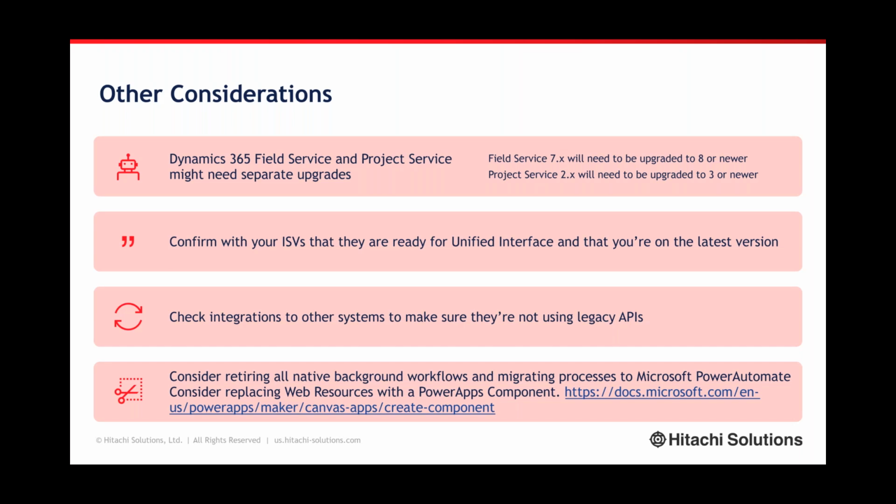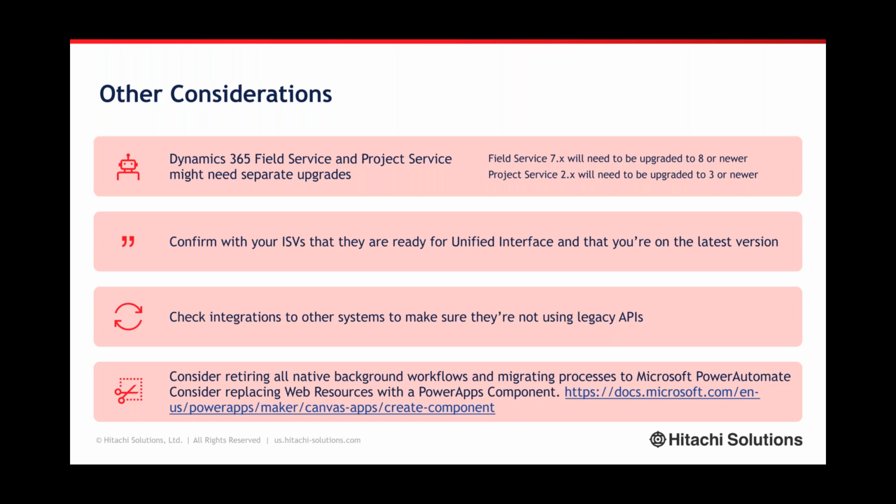But related to that, any other ISVs that you all are using, be that Click Dimensions, MSCRM add-ons, any other ISV tool or managed solution that's come from somebody else, verify that you're on a version that supports the unified interface. That might be as simple as just calling them or emailing them, or they might even say in the solution whether or not it's current to unified interface, but make sure you get those updates too. That could be a very big impact on your overall upgrade.